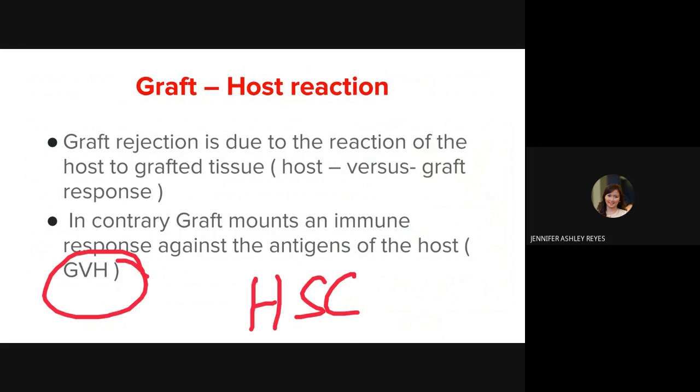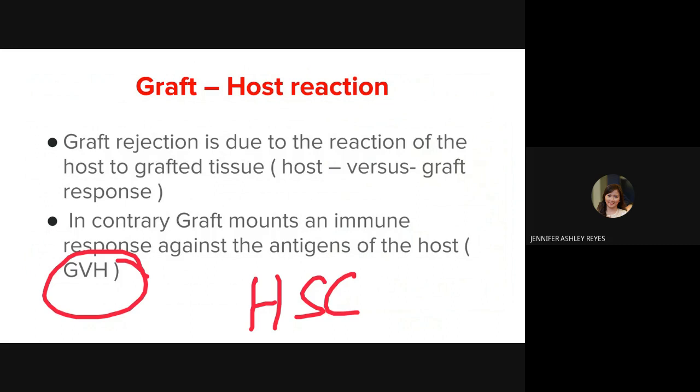So yung immunocompetent T cells from the donor will recognize the recipient's HLA antigen. So kung paano nire-reject ng host yung graft, previously, ganoon din ang ginagawa ng graft sa graft versus host reaction when there are immunocompetent T cells present in the hematopoietic stem cells.